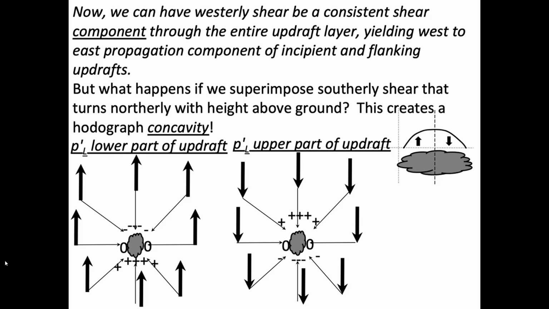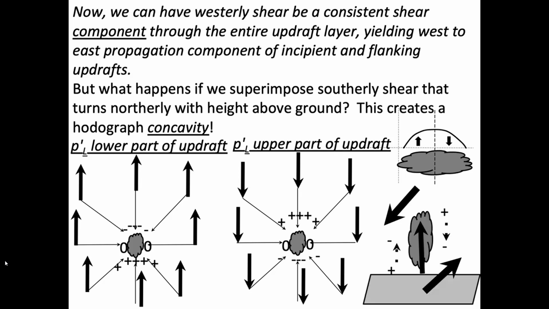So now, to the left of our westerly deep shear, consistent shear vector, we have positive linear perturbation pressure, and negative to the right of our westerly consistent shear vector, deep shear vector.